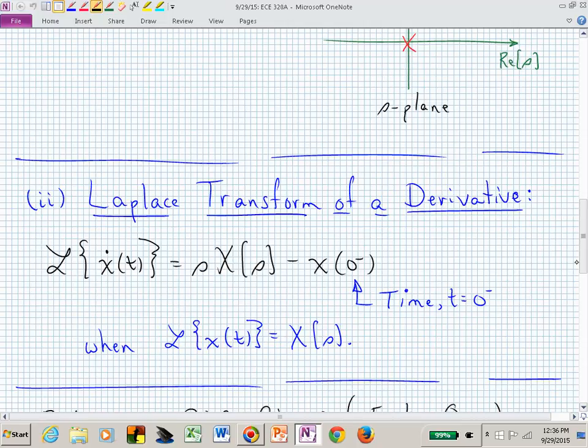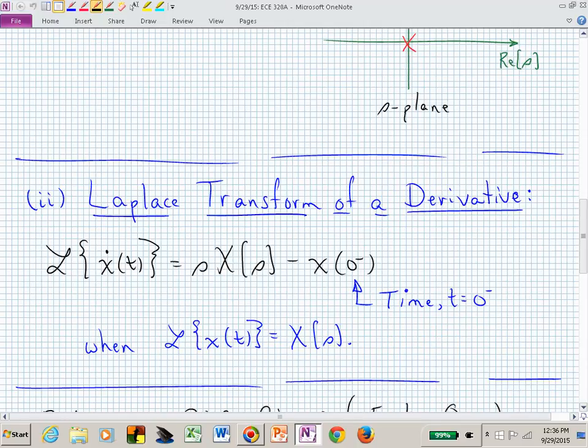We derived the Laplace transform of a derivative. The derivative is an operation, meaning this s variable can be useful for operating on waveforms and also describing waveforms, and we'll be combining those. But the Laplace transform of a derivative is s times the Laplace transform of the original waveform x of t.